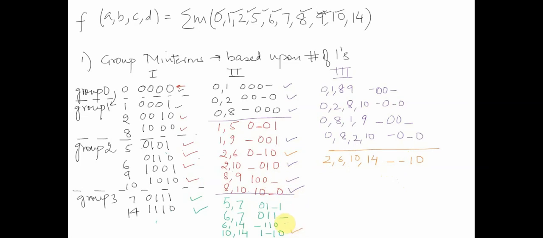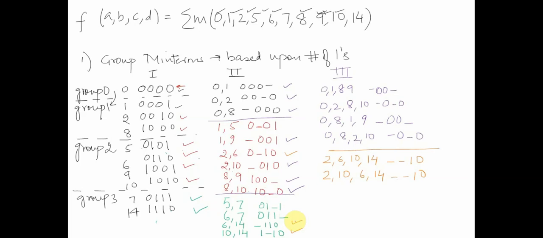Then we have one more combination over here, which is 2, 10 and 6, 14, hash hash 1, 0. So 2, 10 is there and 6, 14 is also covered, right? So we can mark 6, 14 also. How about any other combination? We don't have any other combination, right?